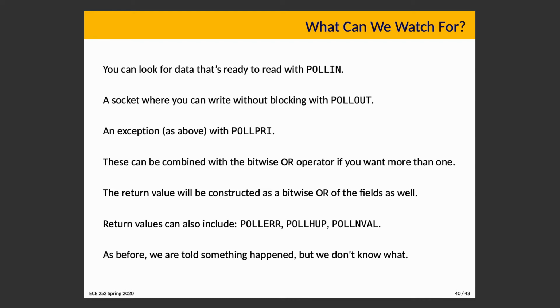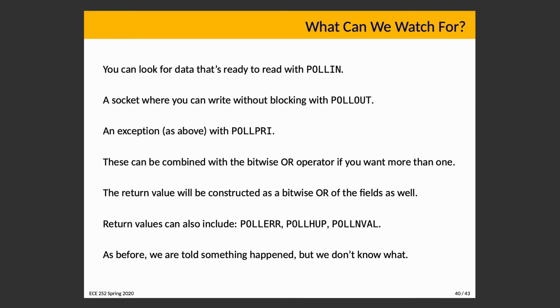And return values can also include a few other things other than a read. So if we're ready to read on a socket, the returned events include POLLIN, but we could also see POLLERR, POLLHUP, or POLLNVAL. So what do those mean? POLLERR means obviously an error has occurred. POLLHUP, hang up, is used to indicate if the other side ended the connection.